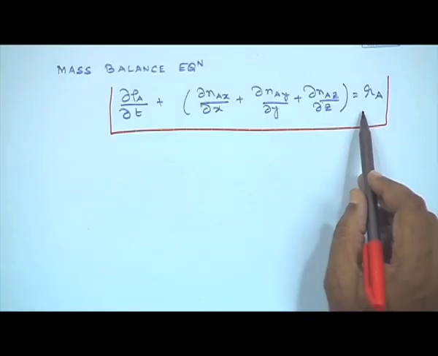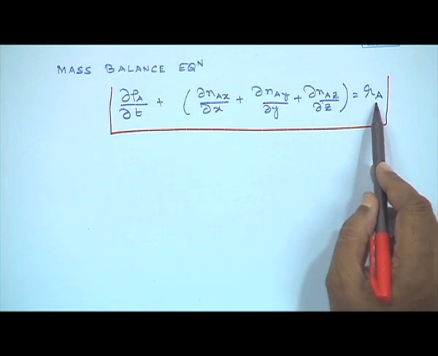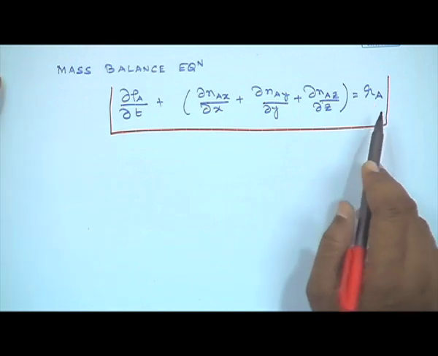We are not separating them out at this point, but we will have to do that eventually in order to obtain the variation of concentration of A in appropriate terms, considering all the different ways by which A can be added to the system. And the last term is the rate of reaction, that is the rate at which A is produced or consumed in the system.